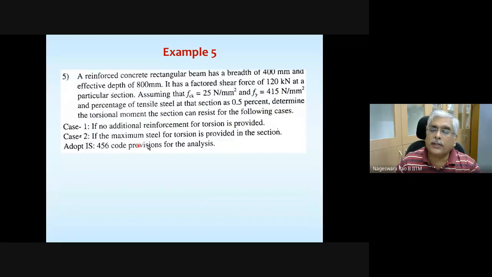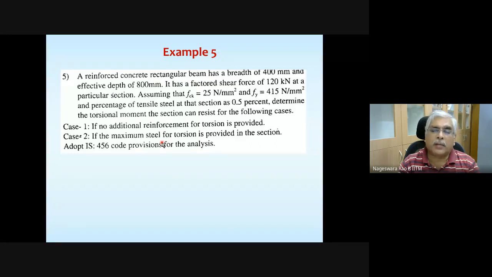Here you need to keep in mind, even if you provide maximum reinforcement, the design shear stress that is permitted in a section is going to depend on the grade of concrete, which is given in table 20.